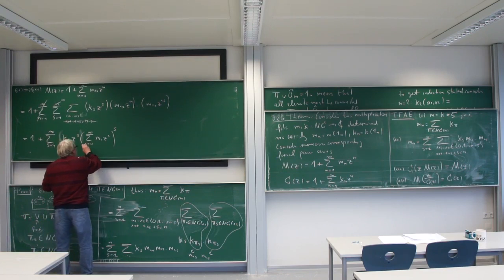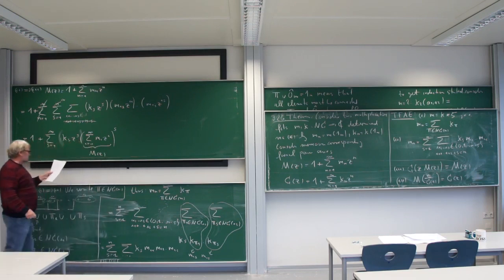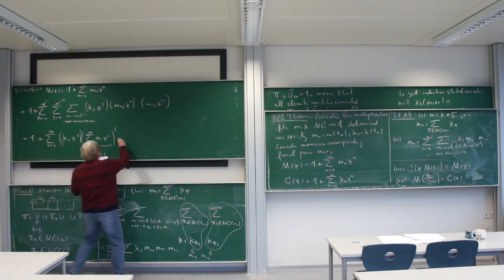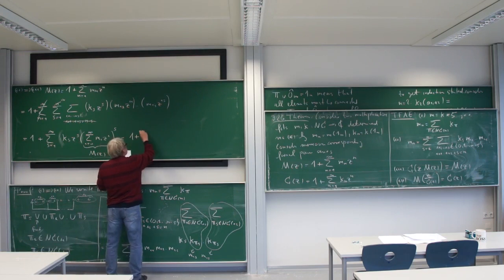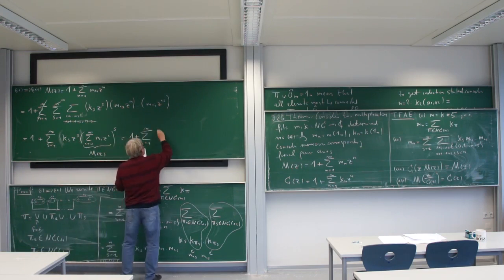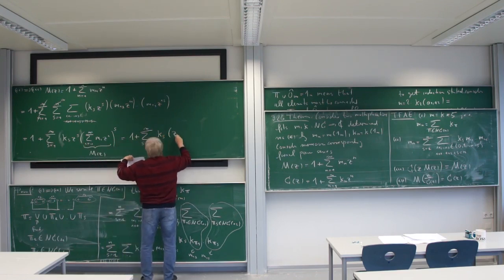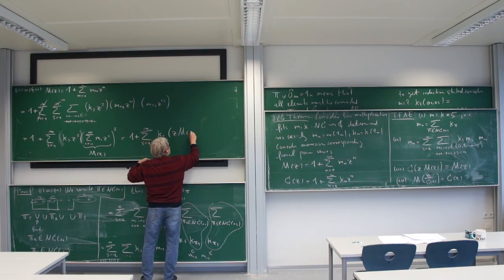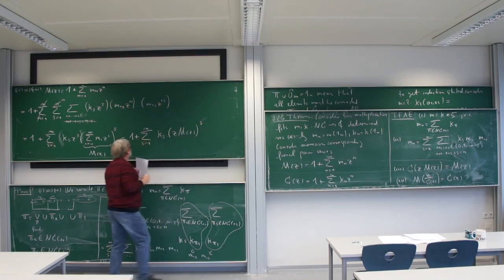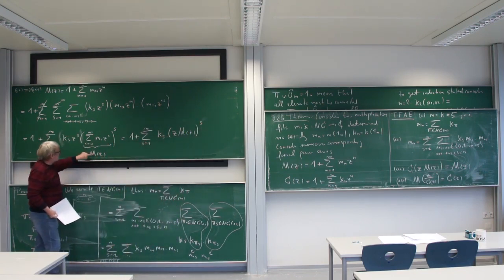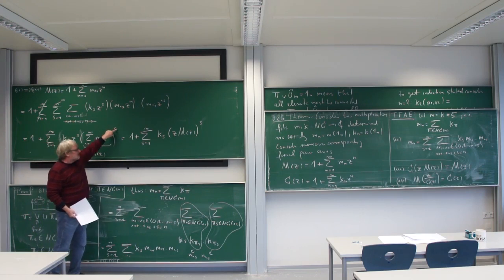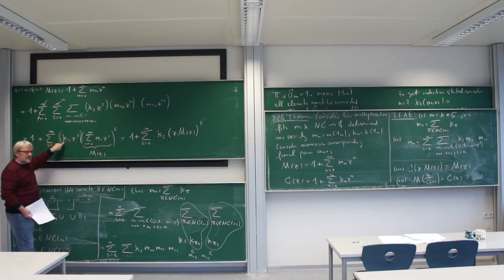Good. Okay, but this sum here, of course, is just the generating function for the moments. So this is just the M of z. So what I have here is nothing less than 1 plus the sum from s equals 1 to infinity of kappa_s, and then as argument I have z times M of z to the power s. I have here z to the s, and here I have M of z to the s, and the coefficient is kappa_s.